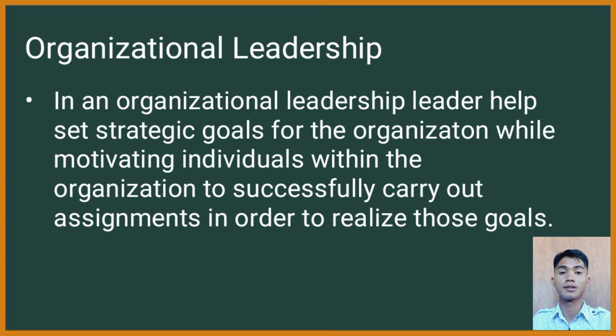And in making that goal, I know that you will assign it to your followers as a leader of an organizations, and in assigning that to your followers, you have also to give motivations to the members of your organizations, because it will help them have courage in doing those tasks or assignments that you assign to them to make them realize those goals.